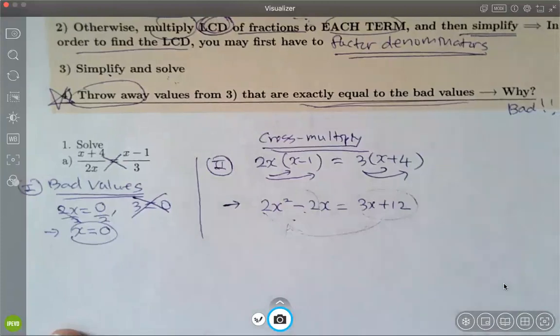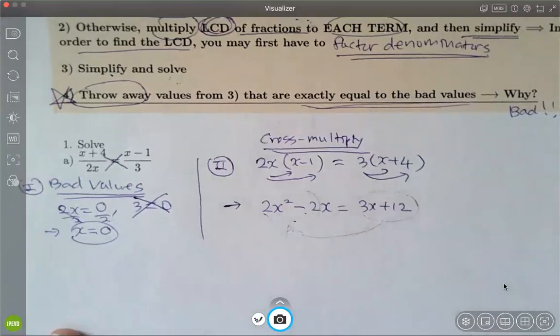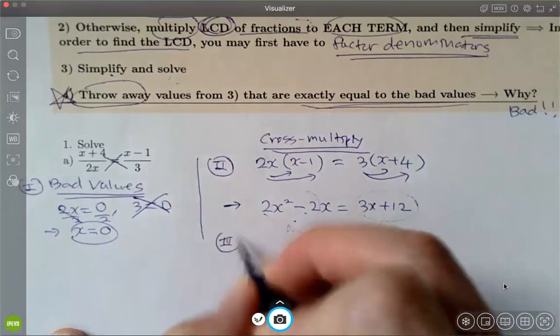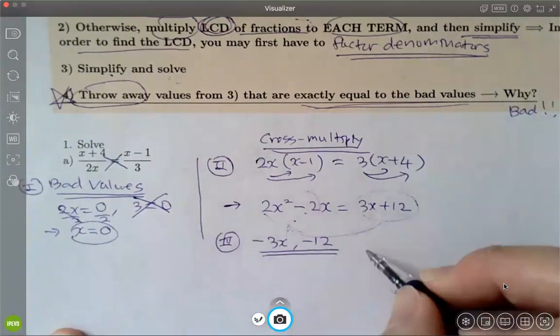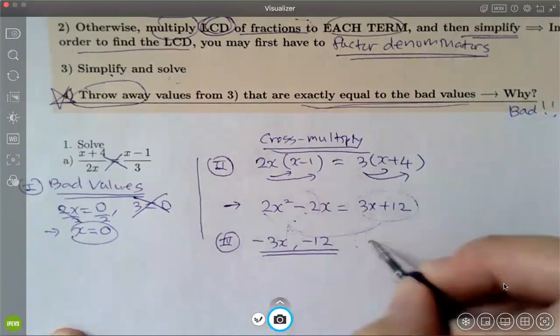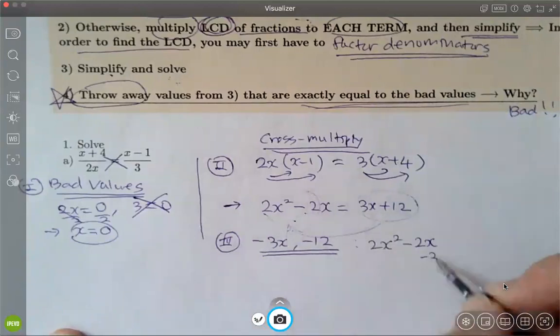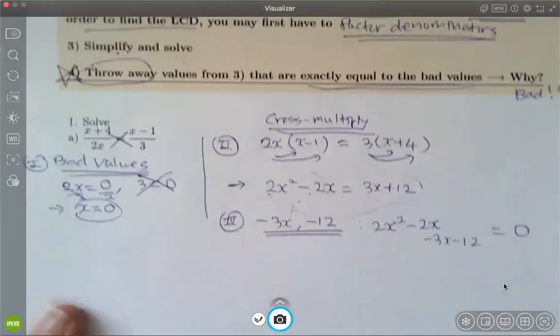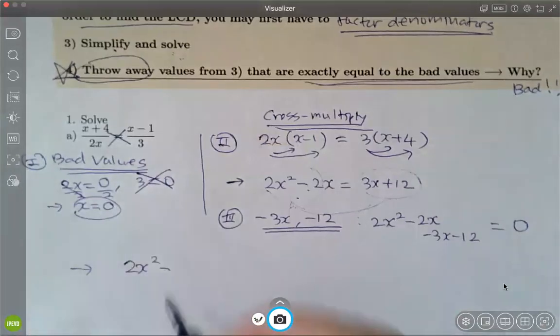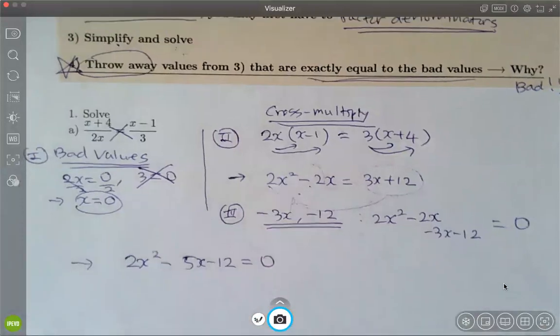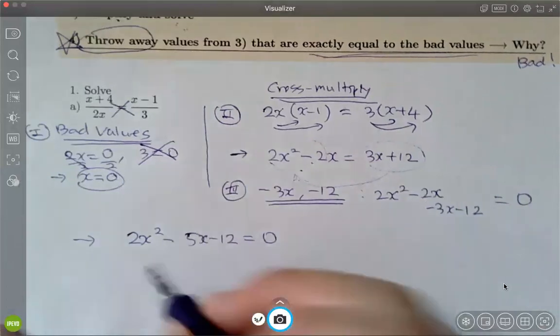That's better because we don't want a negative 2x squared. So, 2x squared minus 2x, and then minus 3x minus 12, equals 0. So what do we have? 2x squared minus 5x minus 12 equals 0, right? Now, can we factor this?